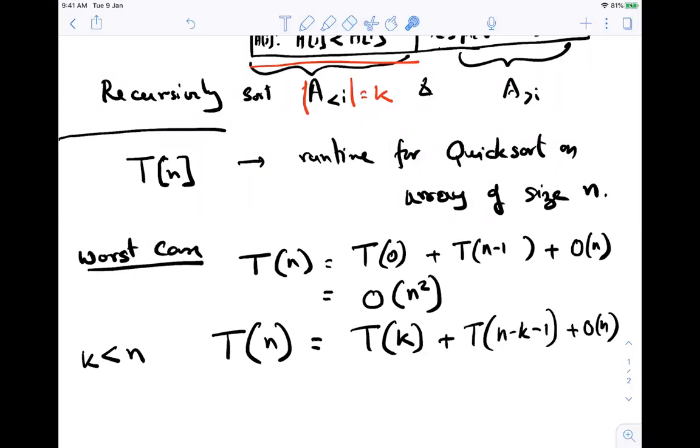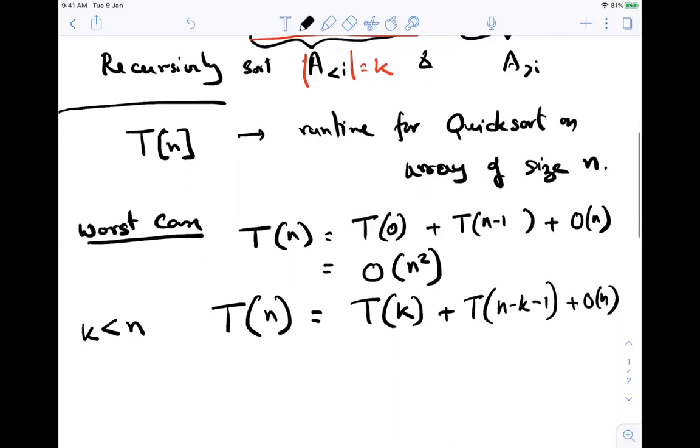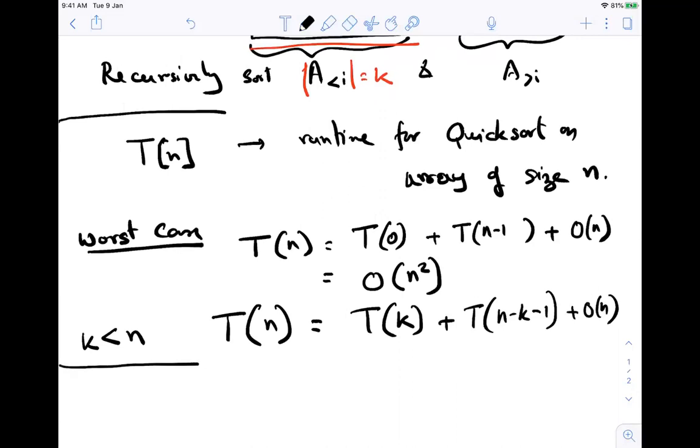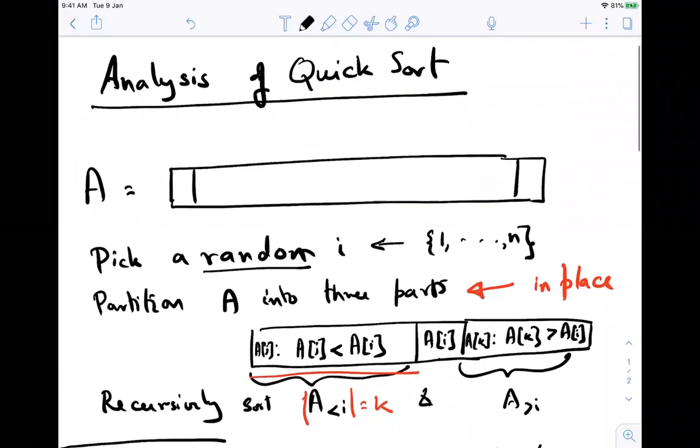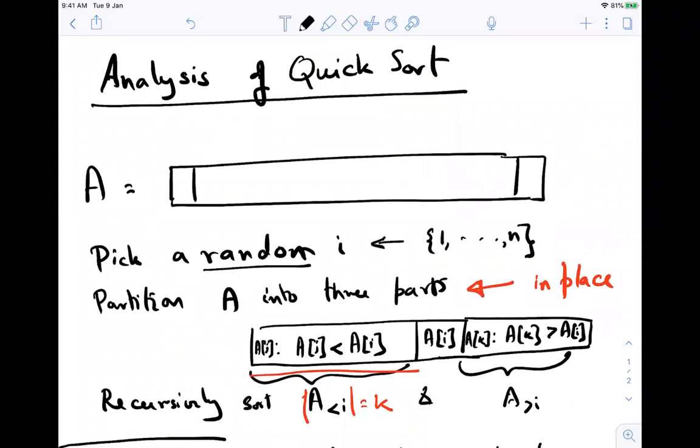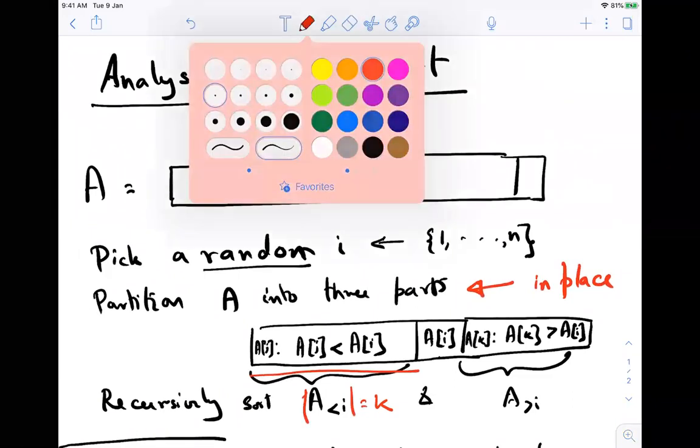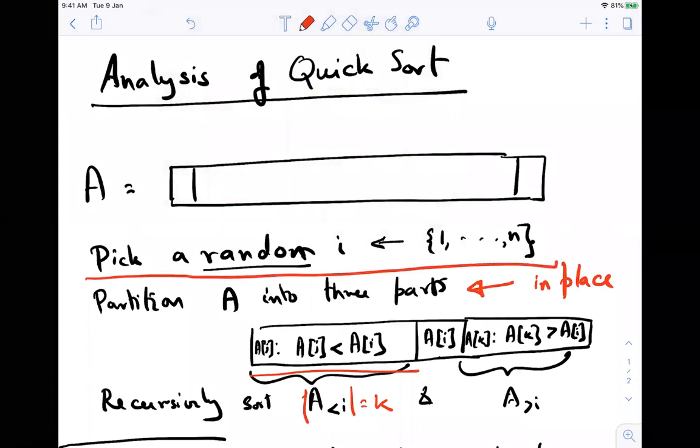Now, any questions? No, sir. What we are interested in now is, okay, this is the worst case, but look at our quicksort. There was a kind of randomness there, which is to pick a random i. And you are all students of statistics, so you know that with randomness, it is rarely always the worst case; Murphy's law doesn't apply in randomness.